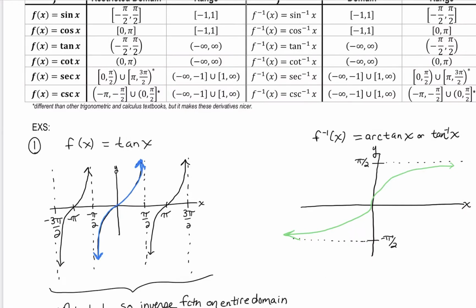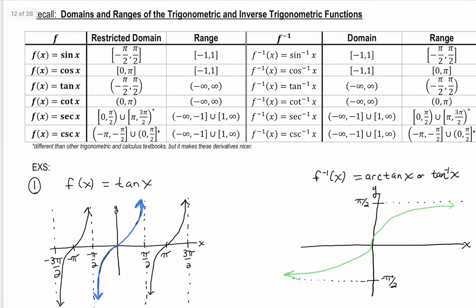That is our graph. So this is sort of what happened. And now if you look at what that meant, notice if you go back up to the top here and you look at these relationships. All of the domains of the original function are going to become the ranges of the inverse function.